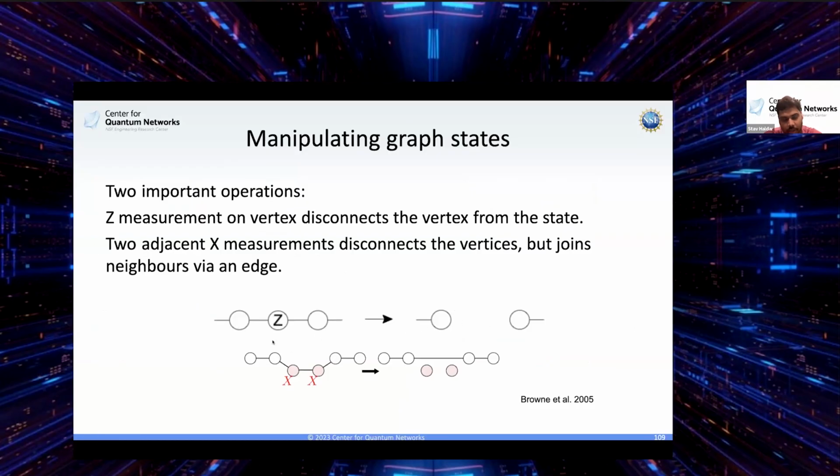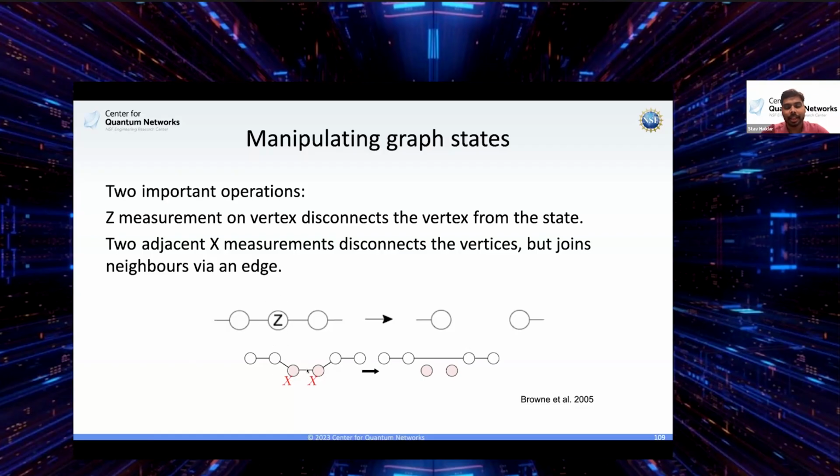That qubit just disappears, and of course, since you do a measurement on a qubit, the photon is lost. It gets disconnected. But the important point is that this edge is also lost. So it's divided into two parts. The left part becomes some entangled state, and the right part becomes some entangled state, but there is no entanglement between the left and the right anymore. That's an important thing to know about the Z basis measurement.